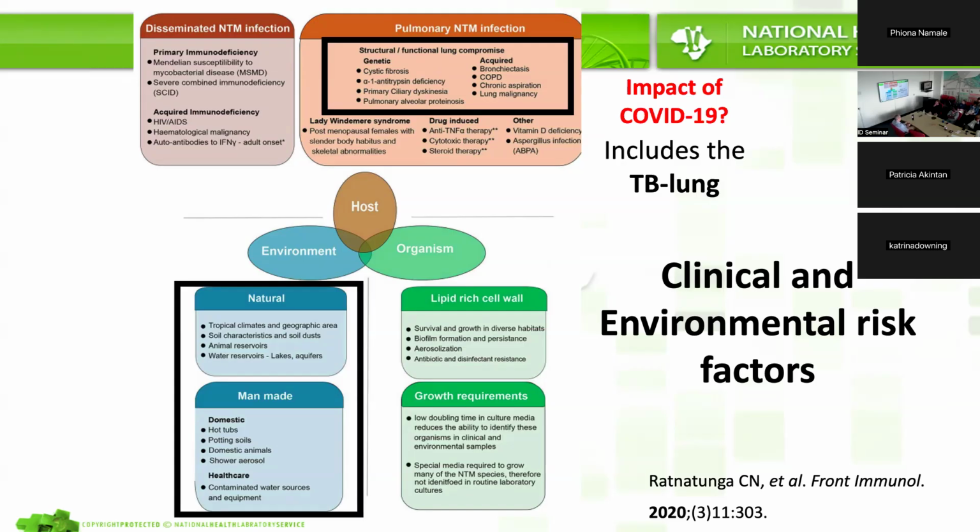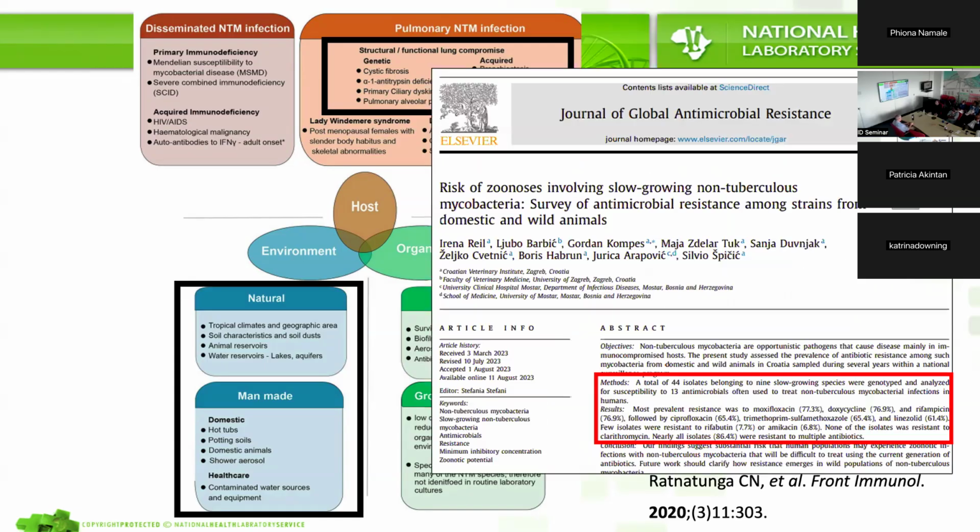And then, because they are ubiquitous in the environment, soil and water exposure, both natural and man-made, are risk factors for them. This is where occupation and hobbies become important. NTMs are a very strong zoonotic disease as well. So they don't have the typical human-to-human transmission patterns as we would find with MTB complex.